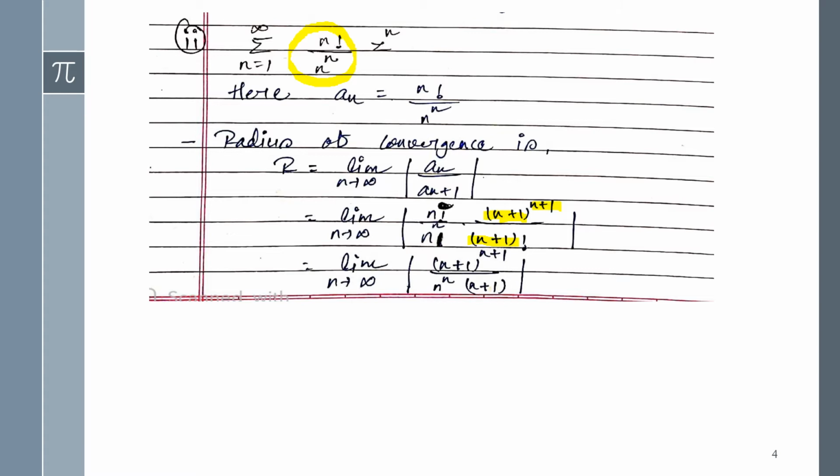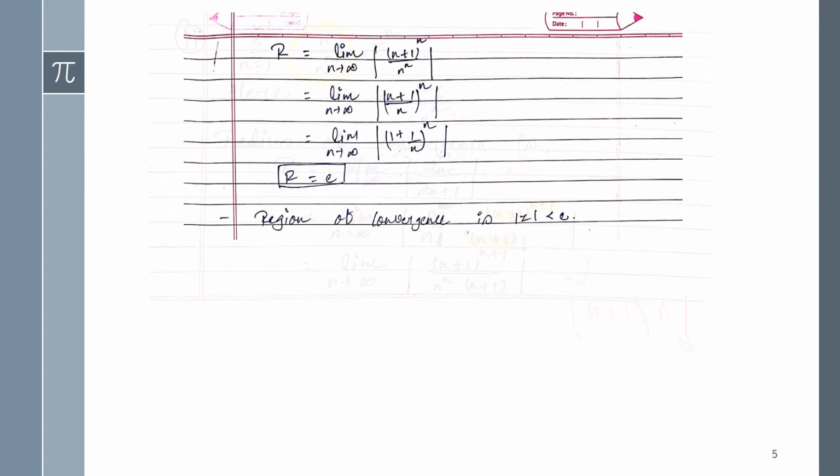So in place of (n+1) factorial we can split it like (n+1) into n factorial, as we wrote in the previous session, right? Because in the previous session we did it the same way: in place of (n+1) factorial we wrote (n+1) into n factorial.